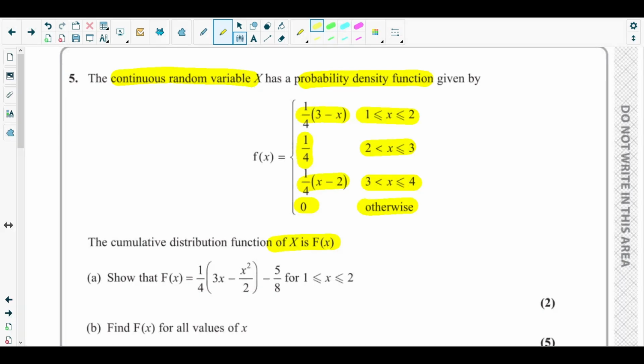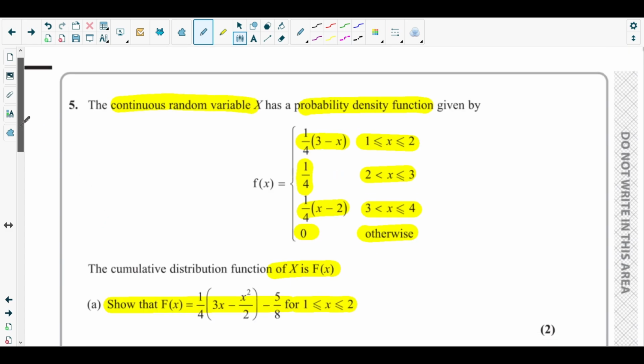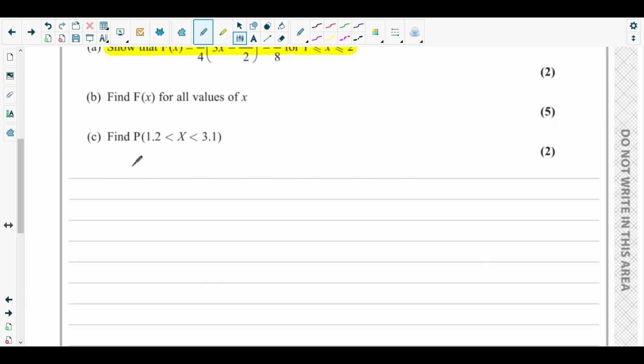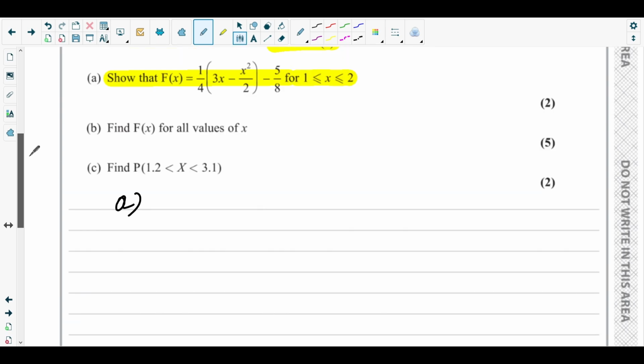So part A is asking here to show that F of x equals 1 over 4 times (3x minus x squared over 2, minus 5 over 8) for x greater than or equal to 1, less than or equal to 2. That means we need to find the equation for the cumulative distribution function in the interval 1 to 2.